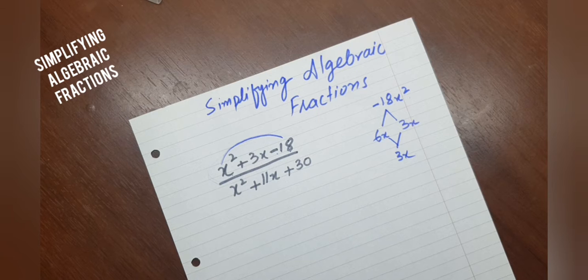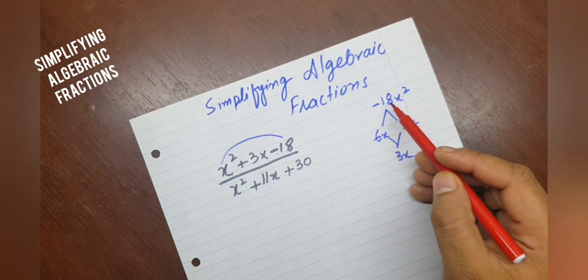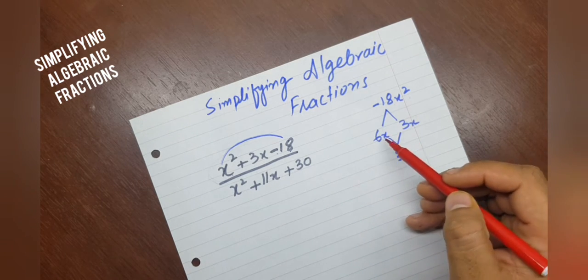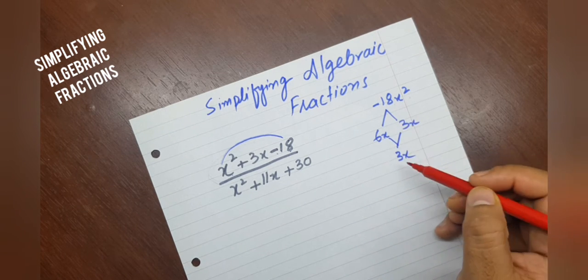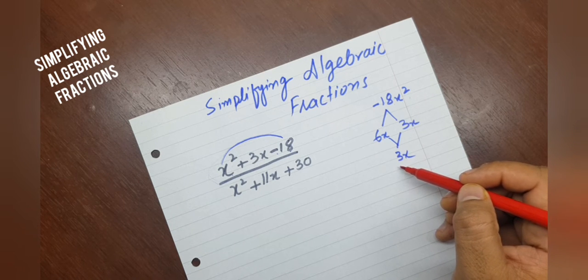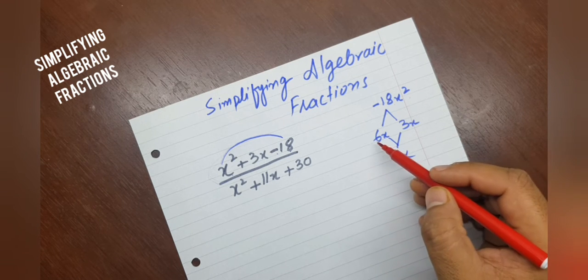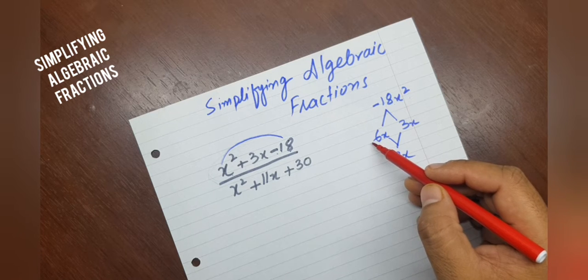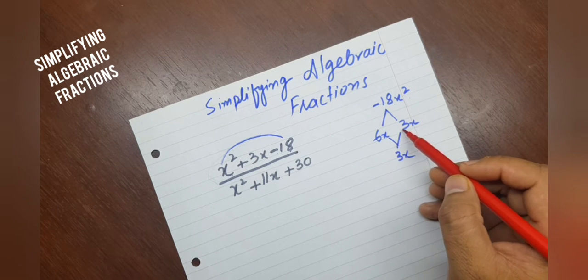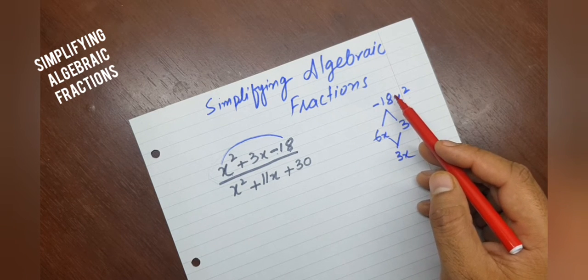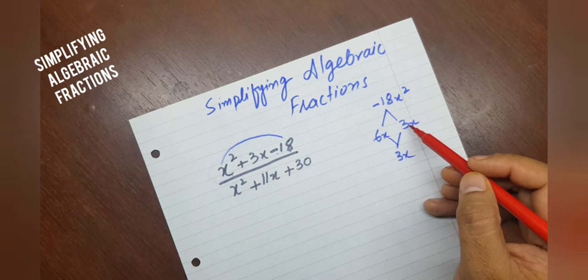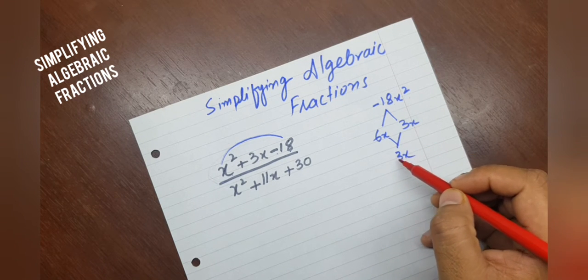The most important thing to understand with this question is that we have negative 18, which means one of the values is negative, and the bigger number doesn't have to be the negative one. If I put negative 6 and positive 3, I will get negative 18, but negative 6 plus 3 gives me minus 3, which I don't want.